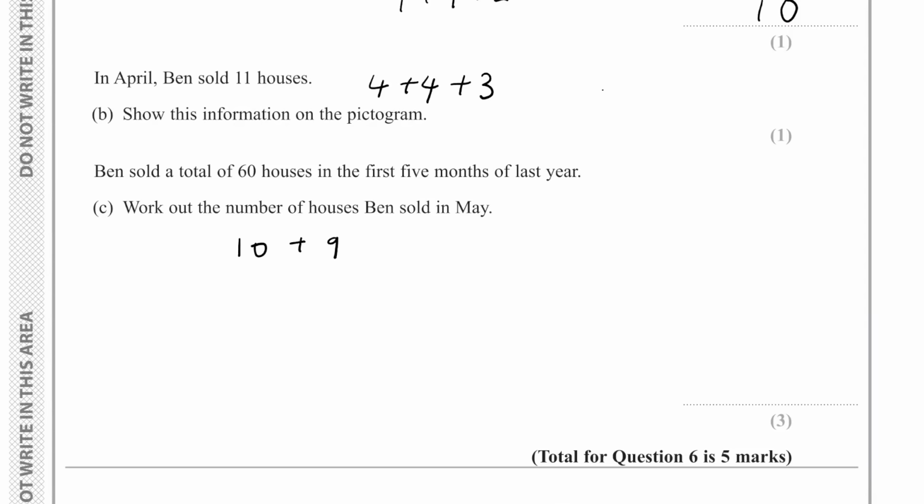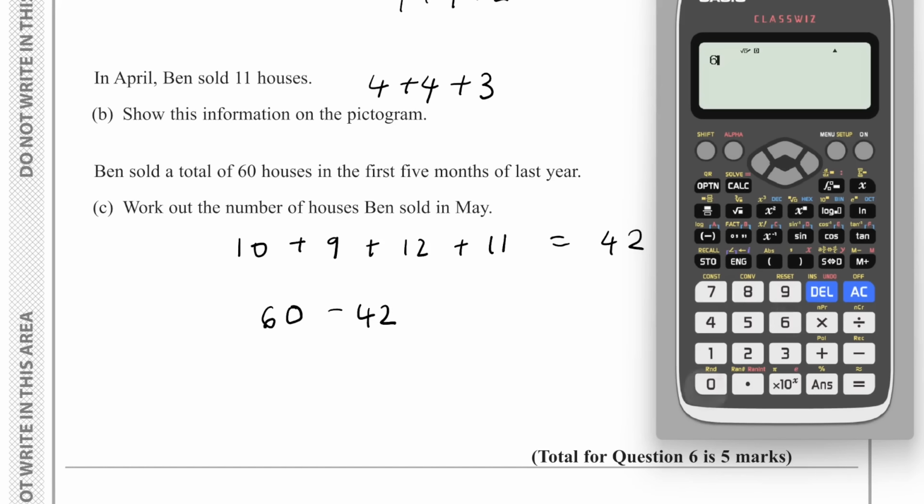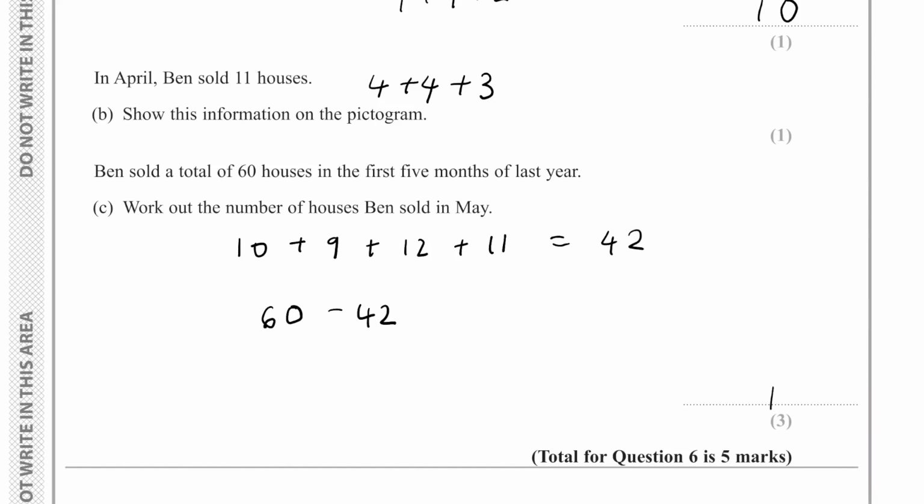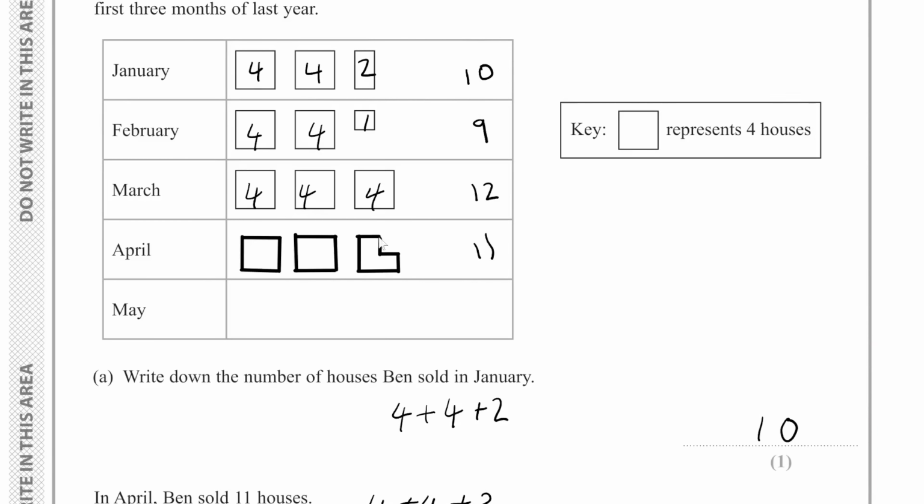He sold a total of 60. So how many more does he need to sell? 60 take away 42 is 18. So it must be 18 more houses in May to make the total 60.